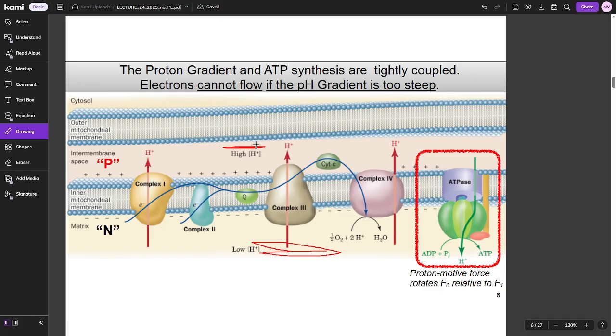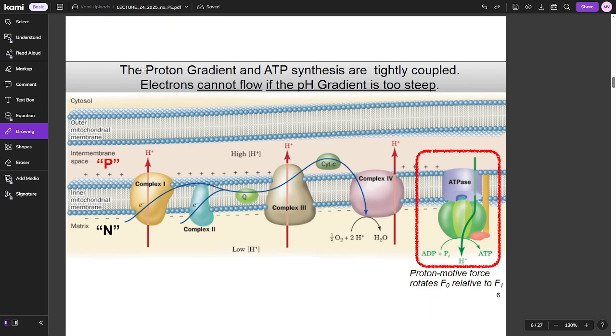That should make sense intuitively, because if there's less H plus on this side, the chance of these proton pumps even finding H plus in the first place is very low, right? And so they have to go down ATP synthase to replenish the H plus concentration on this side before they go back up, right? That's the main thing.